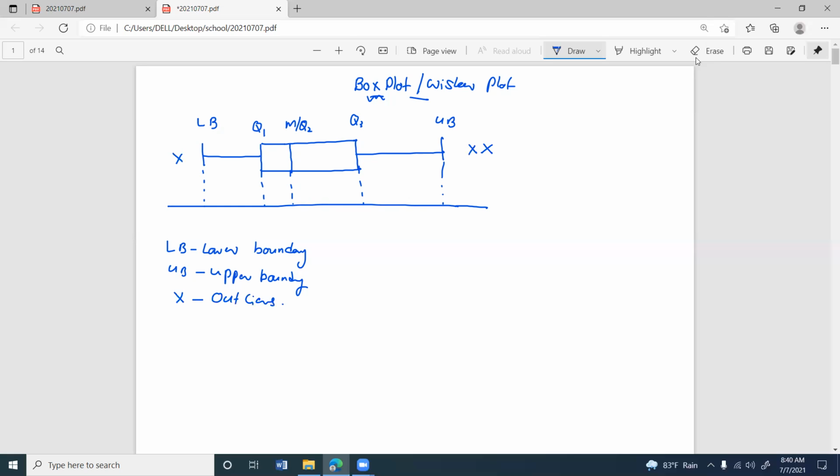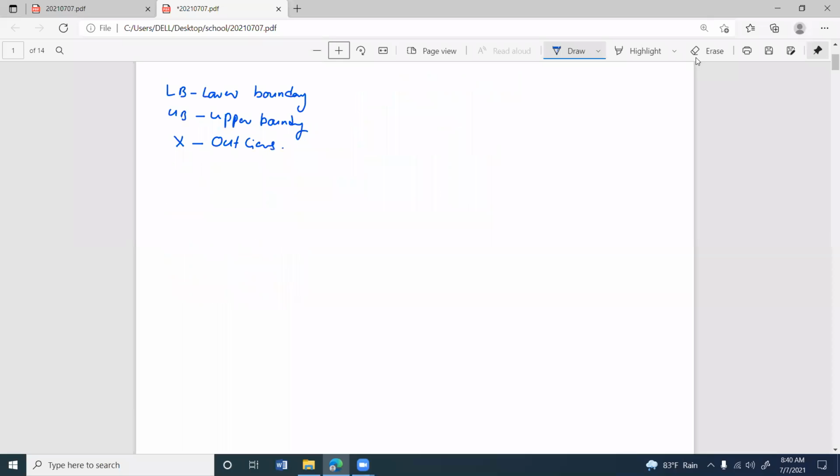Now let's see how to work this out in a box plot. We'll get an initial set just like this: 20, 21, 23, 24, 24, 26, and 27. In this case, this is the value you get as the median, Q2.